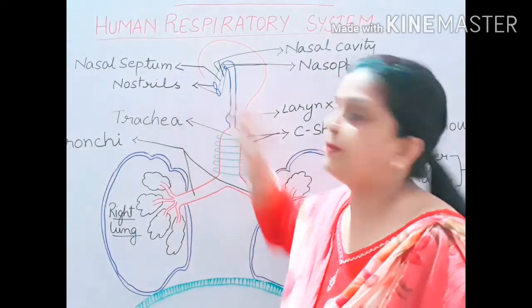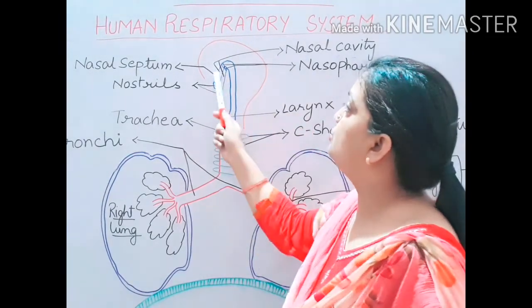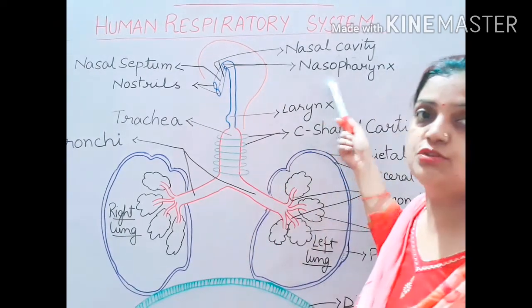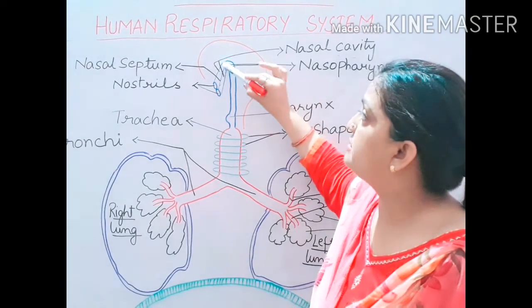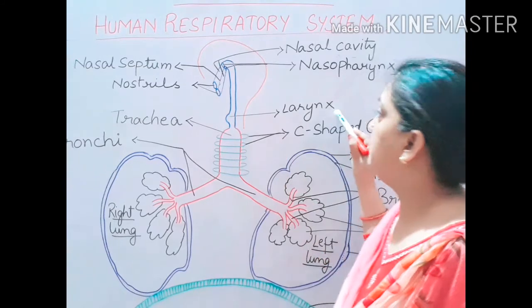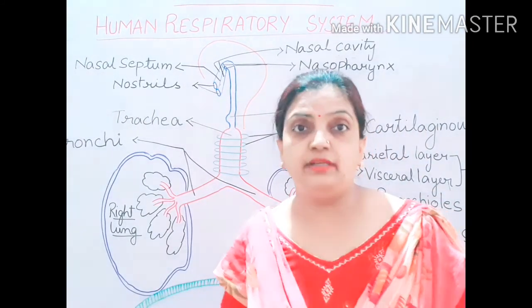So, nasal septum. Behind, you can see I have drawn two small openings, and these two small openings are called the nasopharynx. I told you that this nasopharynx moves down into the throat part, which is called the larynx. Larynx is also called the Adam's apple.